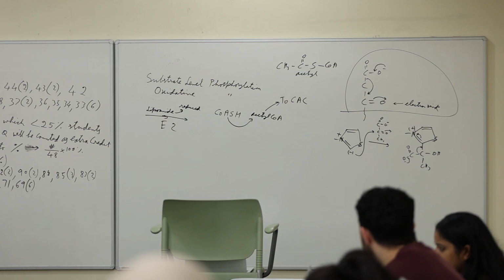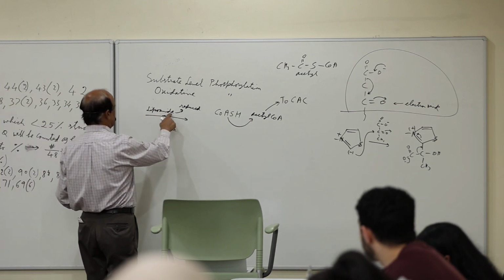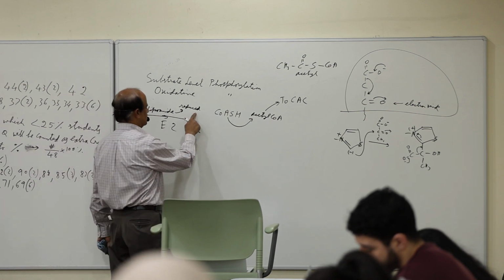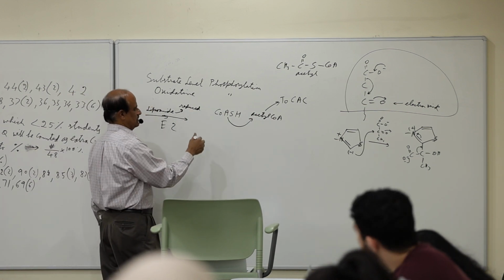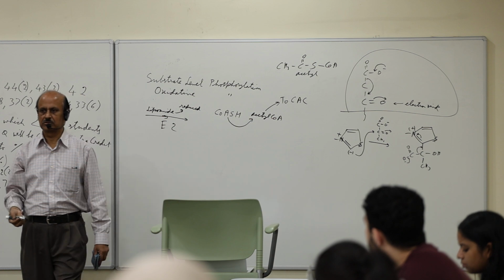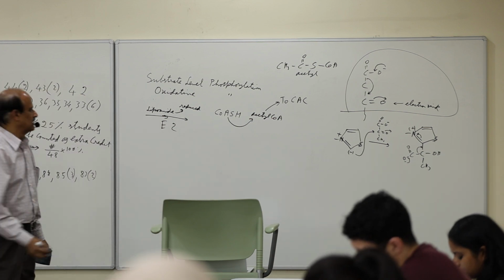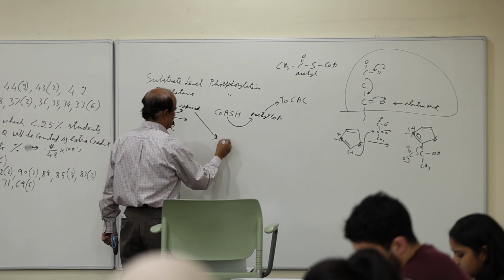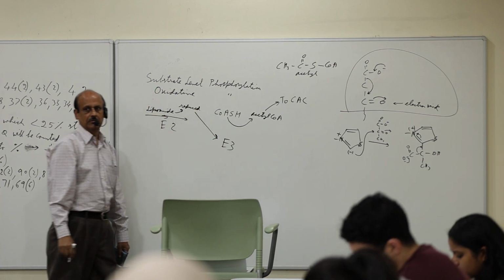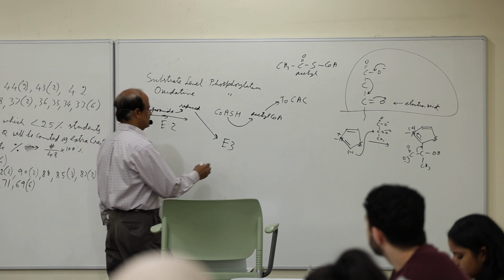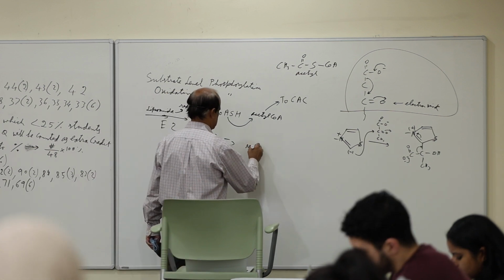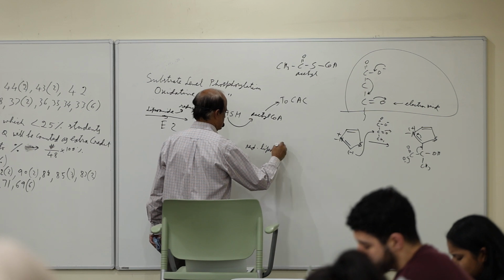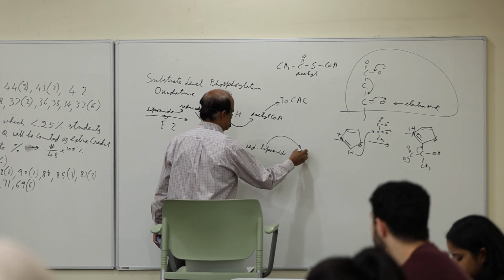But in that process, this lipoamide is reduced, and this reduced lipoamide needs to be oxidized again. As I said, anything that is a prosthetic group needs to be oxidized again. So that is done by the third enzyme, which is E3, which converts the reduced lipoamide to oxidized lipoamide.